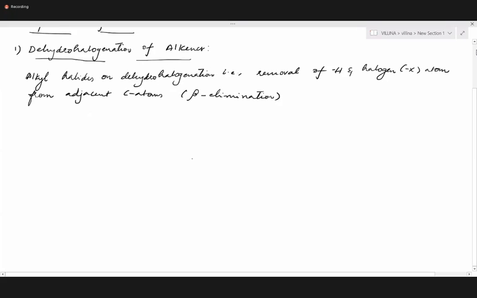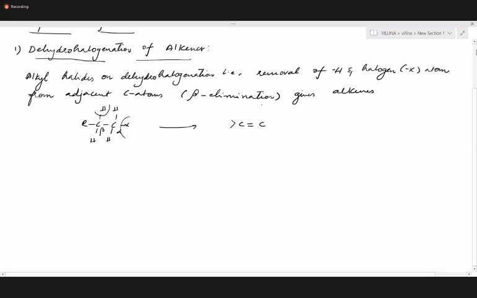Gives us alkenes. So if we take the general reaction, R, H, X, H, H, H, and H. By following beta elimination, this is our alpha carbon and this is our beta carbon. We are going to remove hydrogen from the beta carbon and halogen from the alpha carbon, so that we end up having a carbon-carbon double bond.